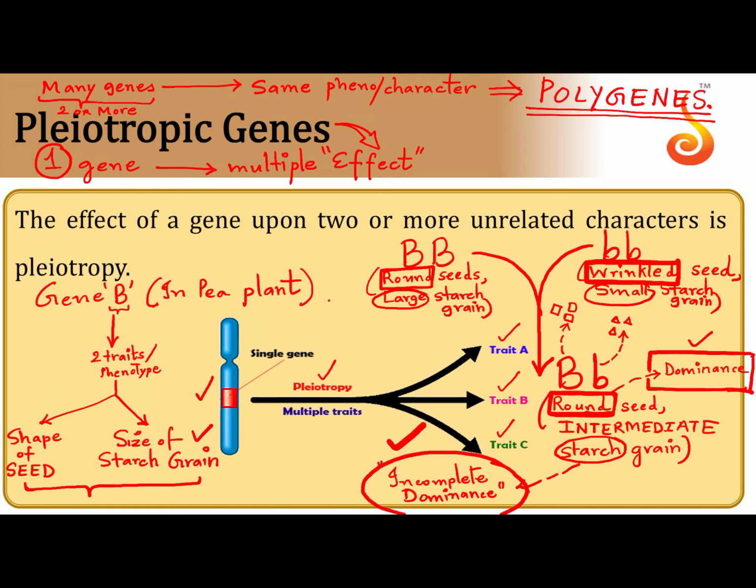It is intermediate. So this is the example which has been taken in your textbook, which you should know thoroughly. And this is a classical case of pleiotropy because there is one gene controlling shape as well as size of the starch grain. That means one single gene has a multiple effect on the organism, and that is why it is called pleiotropy.